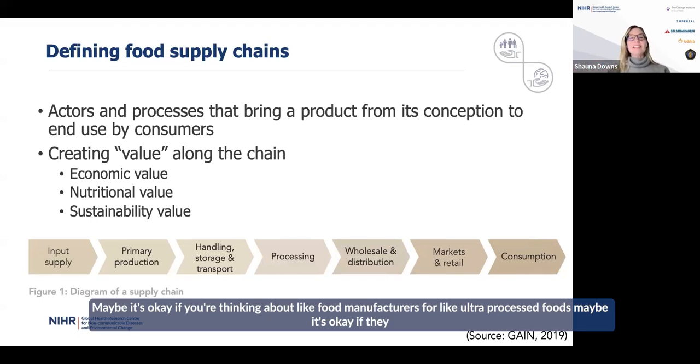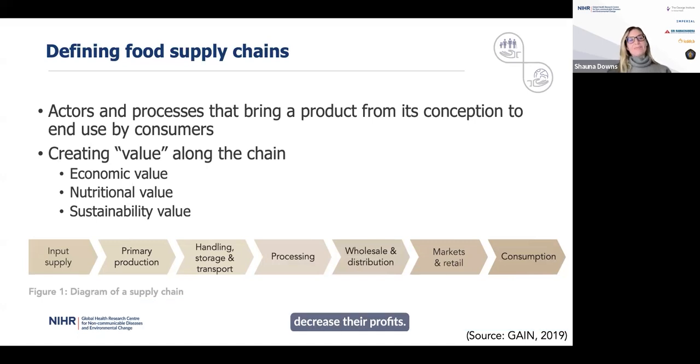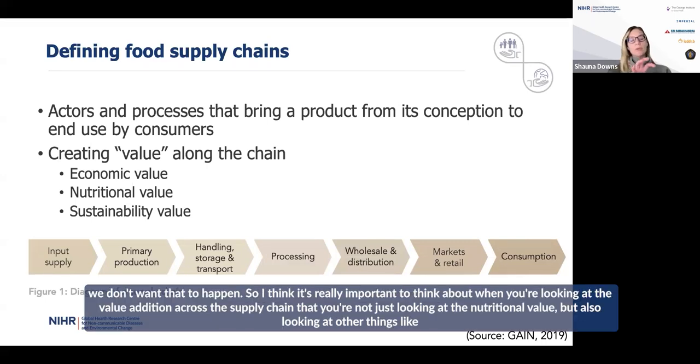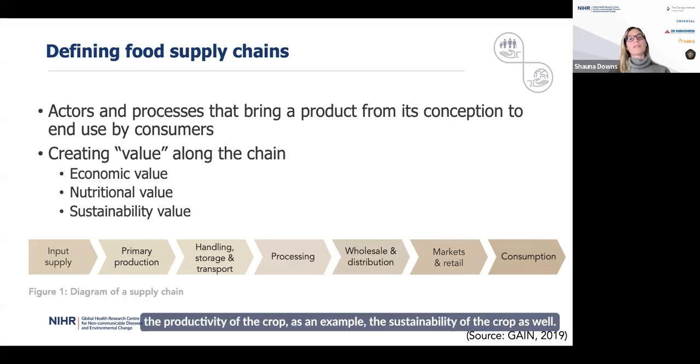Maybe it's okay if they decrease their profits. But in terms of, say, smallholder farmers, we don't want that to happen. So I think it's really important to think about, when you're looking at the value addition across the supply chain, that you're not just looking at the nutritional value, but also looking at other things like the productivity of the crop, as an example, the sustainability of the crop as well.